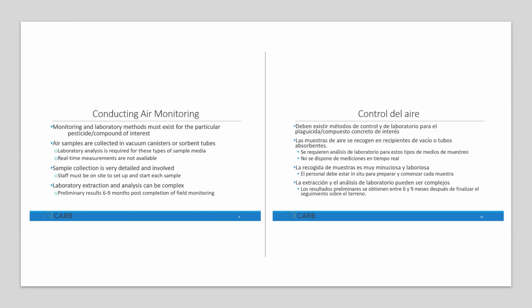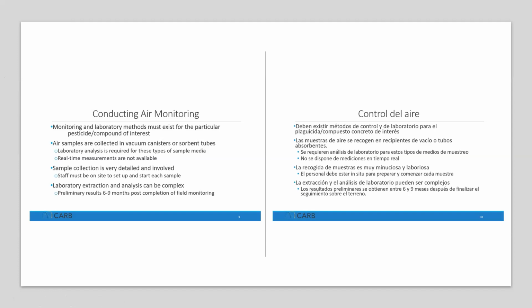That means we'll be physically collecting the samples and bringing them back from the field to the lab. In the current state, real-time measurements aren't available, I think only because the methods aren't as robust as for things we have standards for, such as PM 2.5.